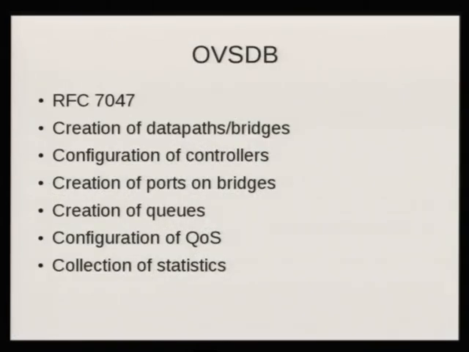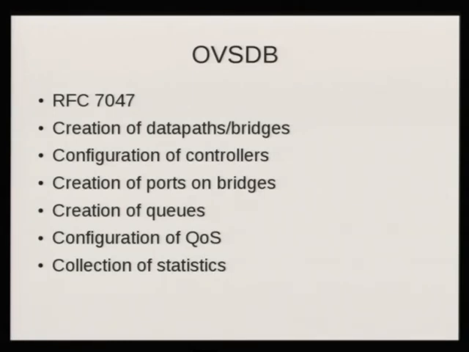So here we go, ovsdb. So what is it? It's the protocol. As I mentioned, it's documented in RFC 7047. It allows you to create new data paths, new bridges, and configure the controllers that are going to be used to communicate with those bridges.